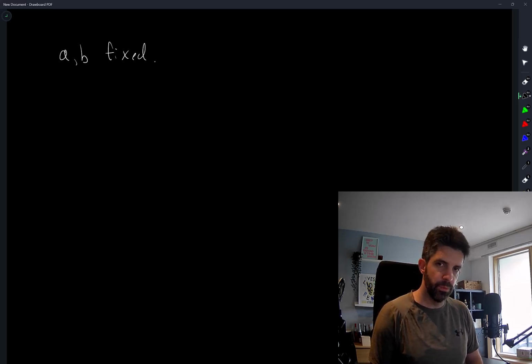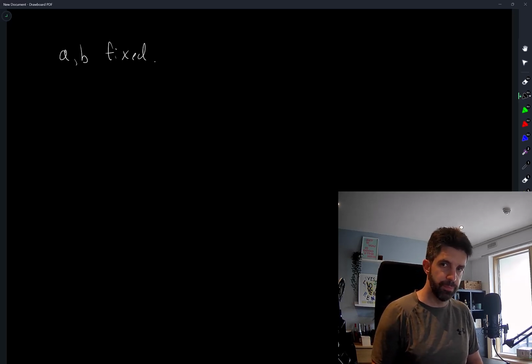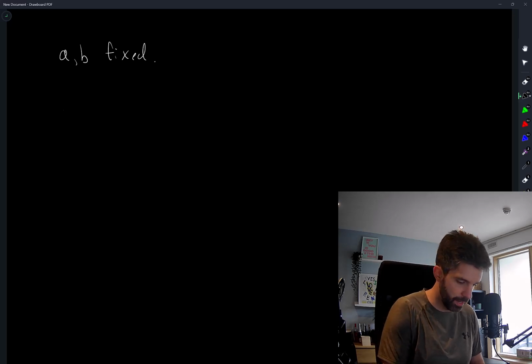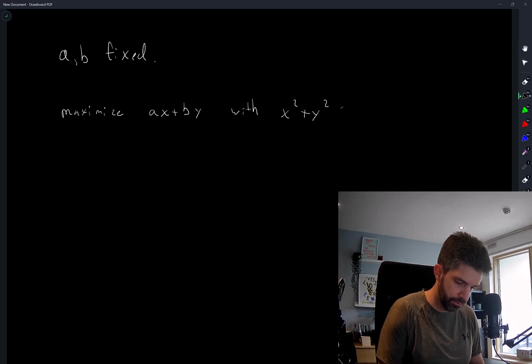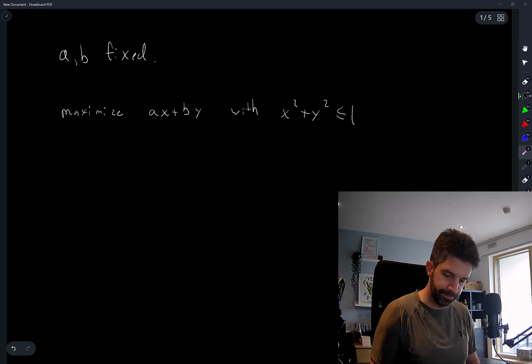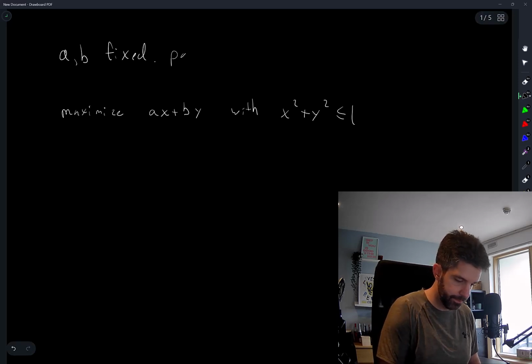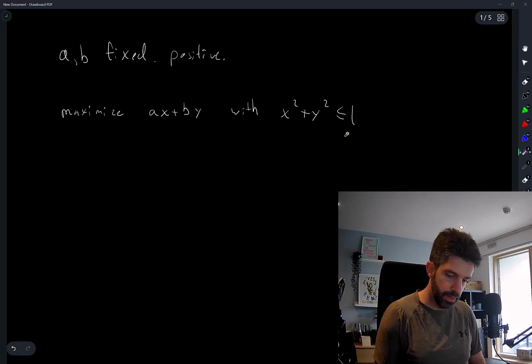The one thing to realize is that the values of x and y which maximize ax plus by, given x squared plus y squared is less than or equal to 1, are going to satisfy x squared plus y squared equals 1.